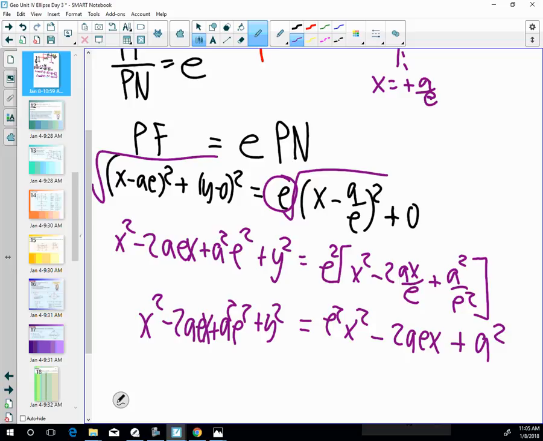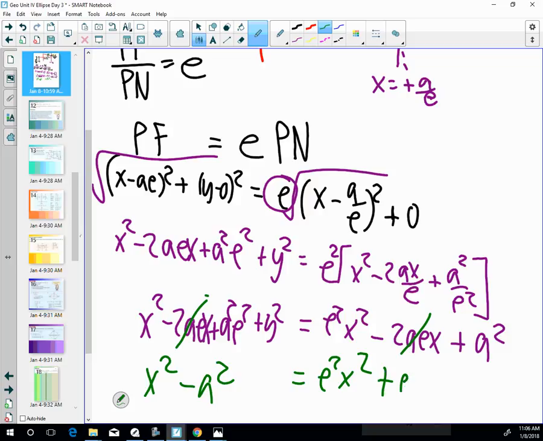Now does something drop out? Because something should drop out. Yes, this one does. And then I'm going to put the X squared and the A squared together. I'm going to put the E squared X squared, and then minus, right? Make sure I'm doing this the same as I did in my notes. X squared E squared minus 2AEX plus A squared is what they have.